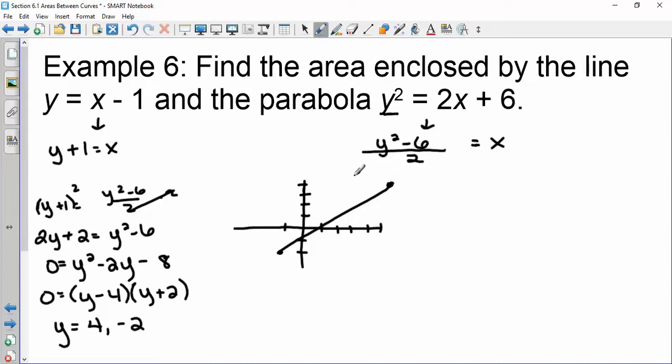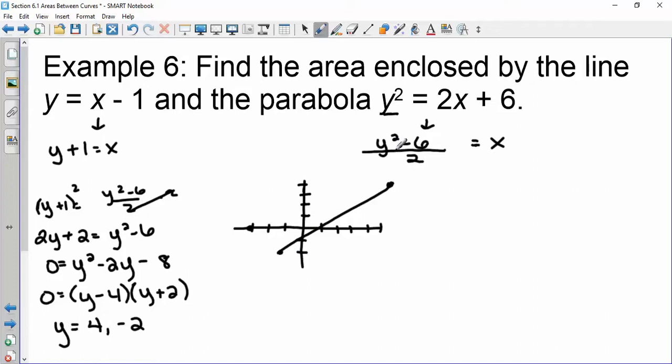So if you wanted to get a more accurate graph, you might need to plug in something else in between them. So if you put in a 0 for your y, we get negative 3. So that will be a possible point when y is 0, your x is negative 3, but that's kind of outside of where we need to go here.